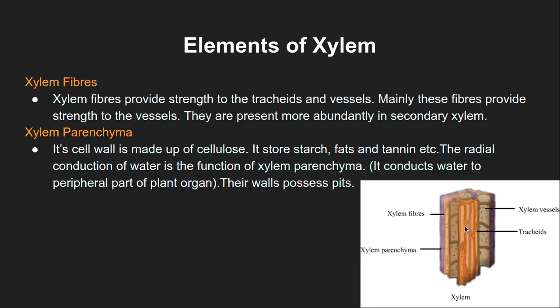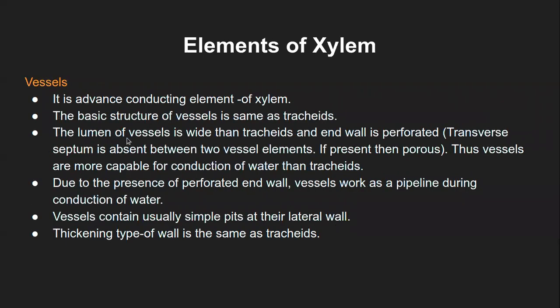Again, imagine this as a three-dimensional structure. These are small pipe-like structures with partitions, and these are again bigger pipe-like structures, which are called xylem vessels. So the lumen of vessel is wider than the tracheids, and the end wall is perforated.